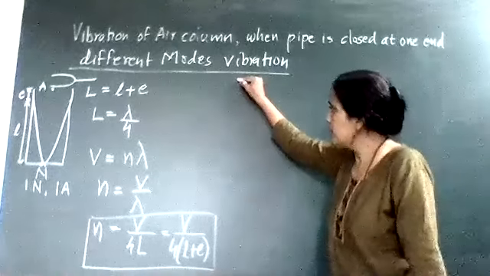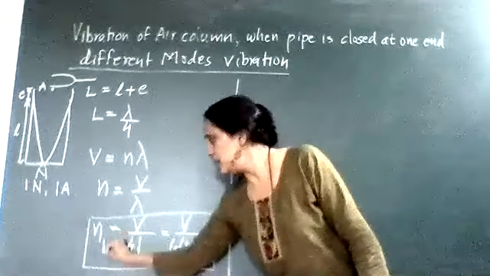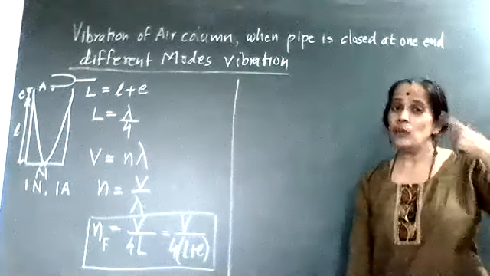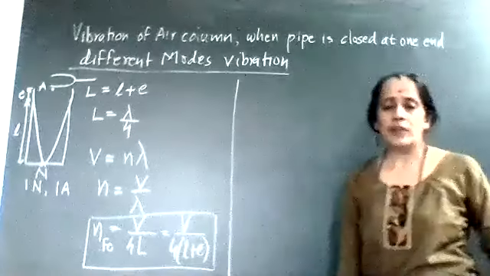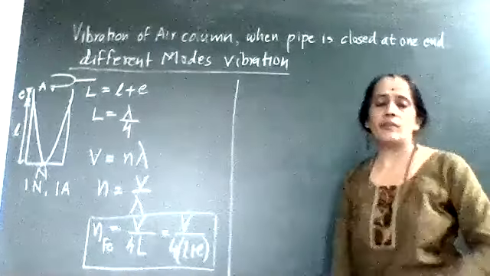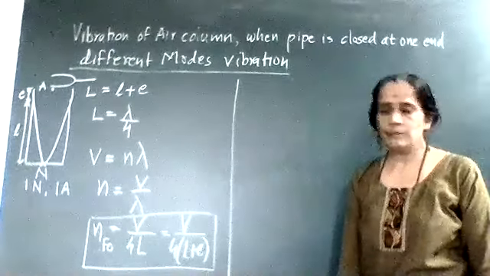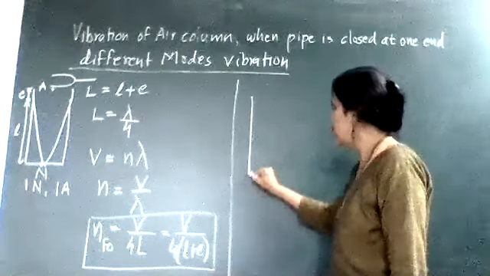So this is called your fundamental frequency. I can denote this as NFC, the fundamental frequency when one end of the pipe is closed. Clear? Then now I can see here the second mode of vibration.